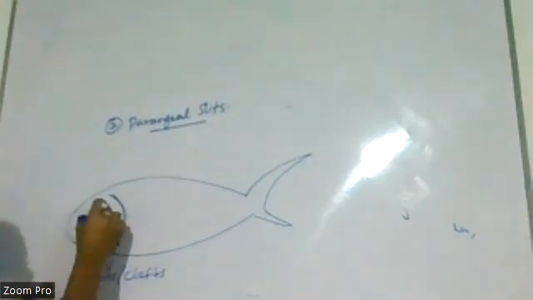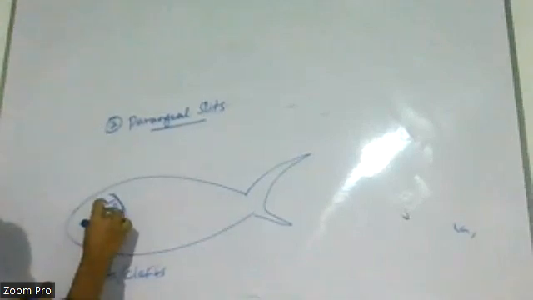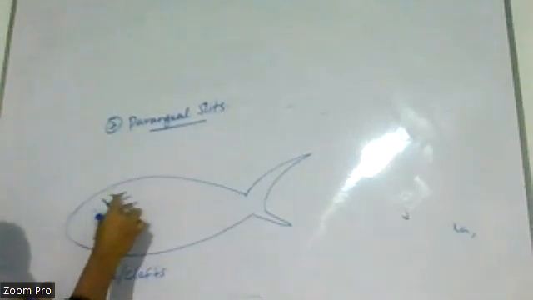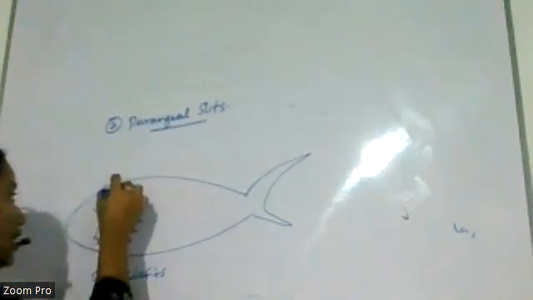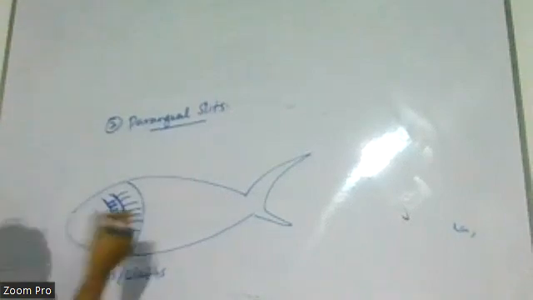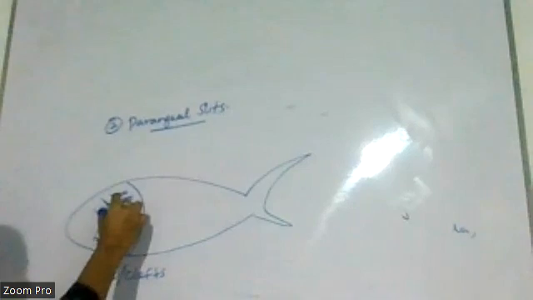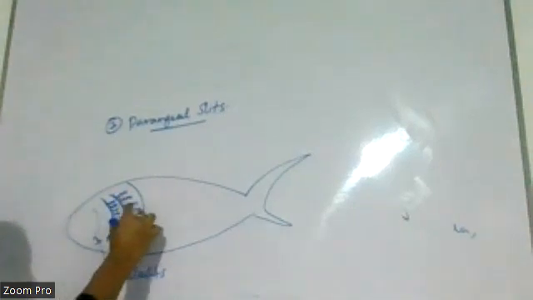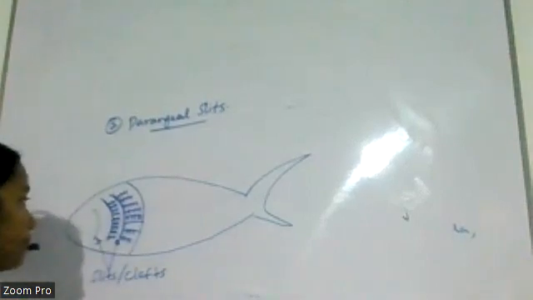We can see gills inside, especially in bony fish, there is an operculum. Inside this operculum, we can see such complex structures that we call gills, internal gills.